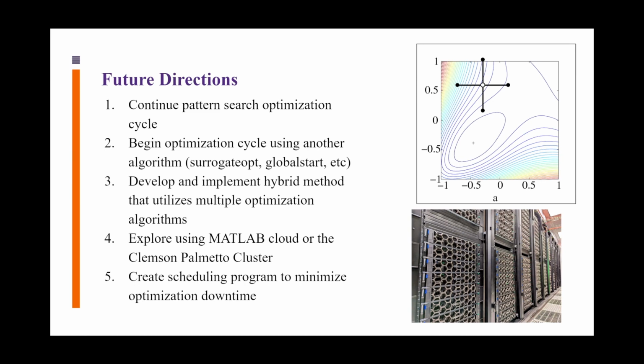And then our main recommendation for a future direction would be to explore using the MATLAB Cloud or the Palmetto cluster at Clemson to increase the computational power of the program itself, because we were using 32 workers. If you could use 1,000 workers, it is very possible that you could get the work that took us a week done in a day. That would definitely be a direction worth looking into for a future team.